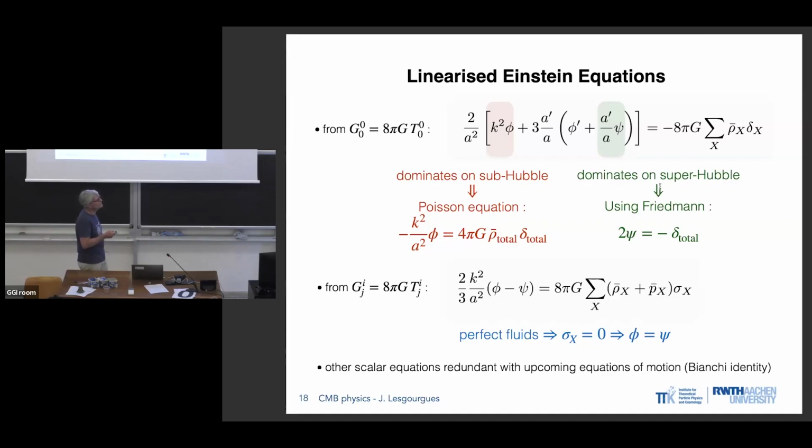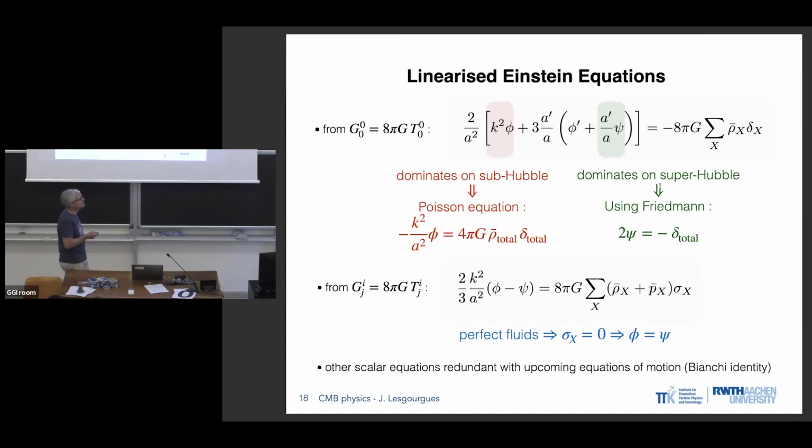We will find that this one is also negligible because on sub-Hubble scales, variations of the metric fluctuation are never really important. So in the sub-Hubble regime, you only have an equality between this term and the right-hand side. And this gives you the usual Poisson equation with here a physical Laplacian.